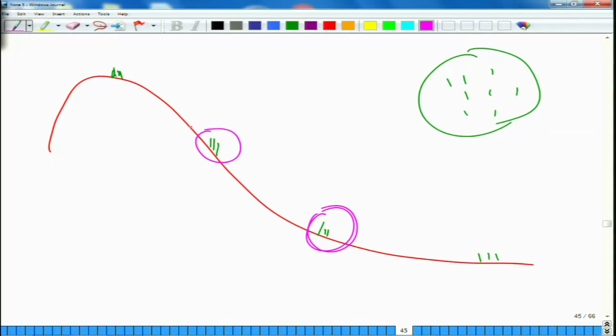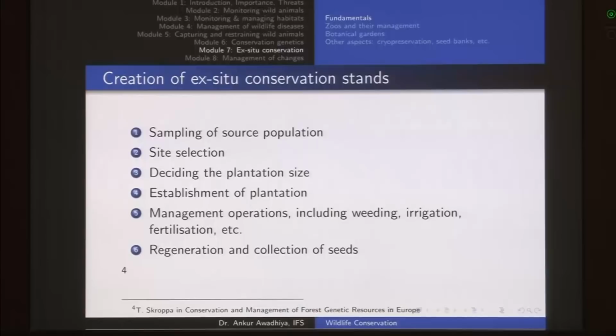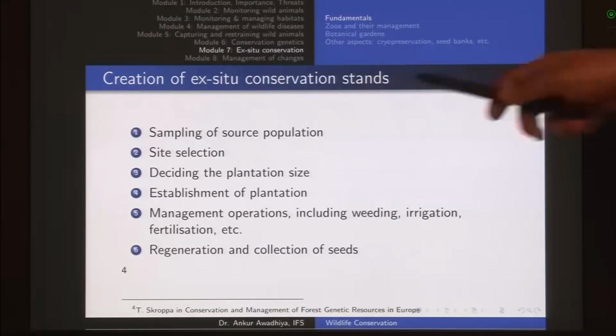Once we have figured that out, next we ask what sort of conditions they require, and then we need a sample from here, a sample from here, a sample from here, and a sample from here, so that we create a representative of the species as it is found in nature. So that is the first stage, sampling of the source population.